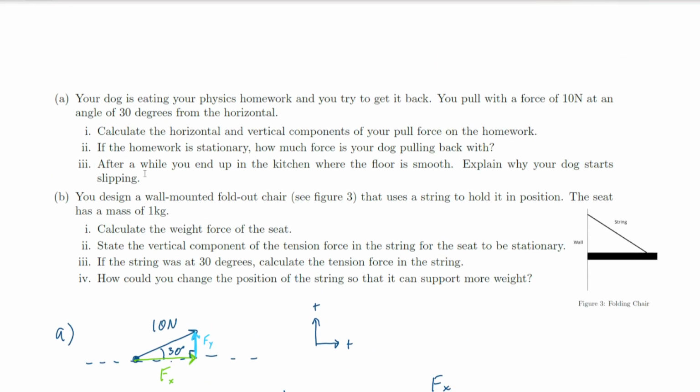Alright, now that was exhausting, so now you need to sit down. Conveniently, you design a wall-mounted fold-out chair, like so, right? You have a wall, you have a bit of wood, and it's connected to the wall with a string. The seat has a mass of 1 kg. Calculate the weight force of the seat, and then looking at tension force, angles, and adjusting the position of the string.